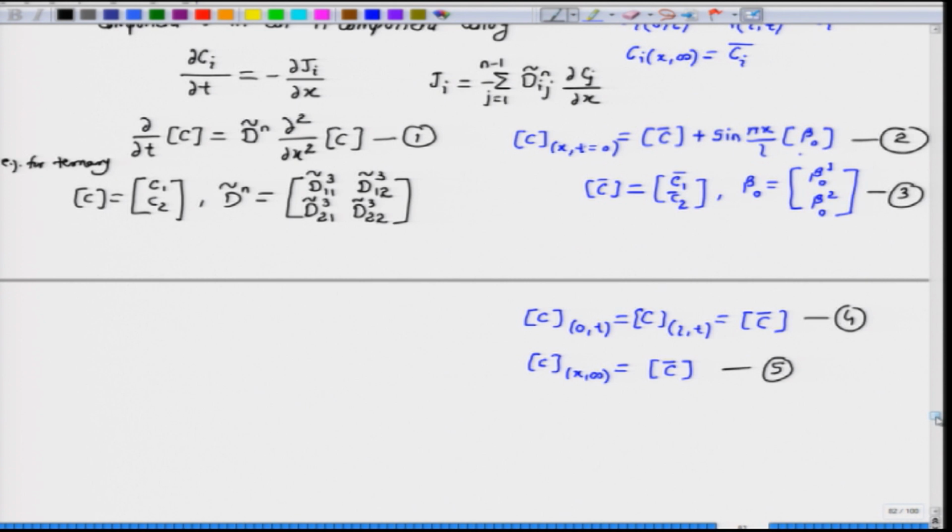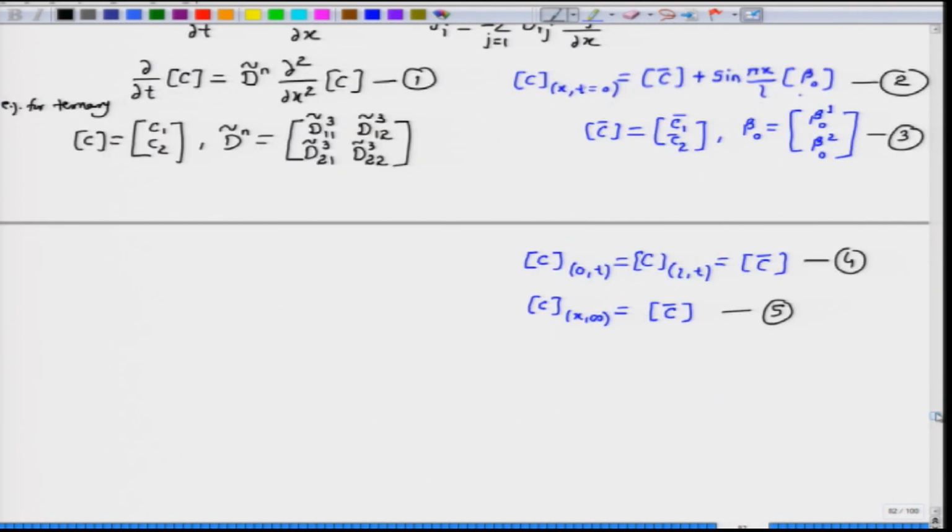Okay. So, we first need to decouple the equation, for which we use the similar approach that we used previously for solving the multi-component diffusion equation, and that is we need the similarity transformation matrix, which we call P, for the interdiffusivity matrix. So, we define the similarity transformation matrix P, which is the matrix formed by arranging the eigenvectors of d tilde column by column. So, for ternary will be 1 beta 1 alpha 2 1.